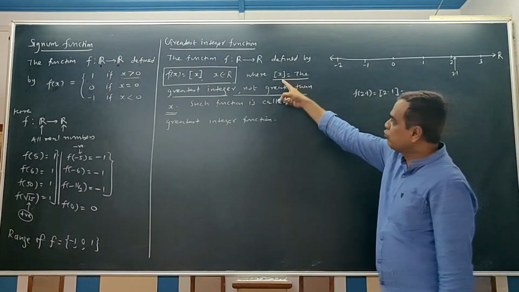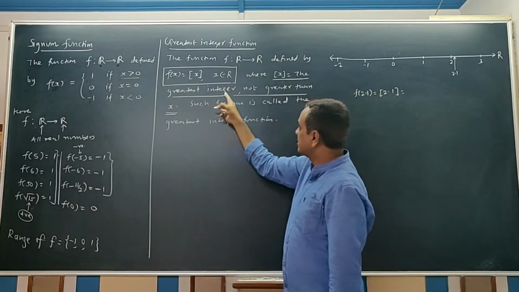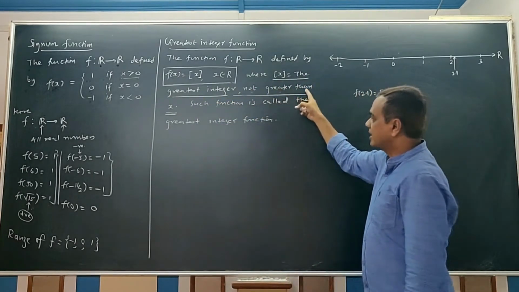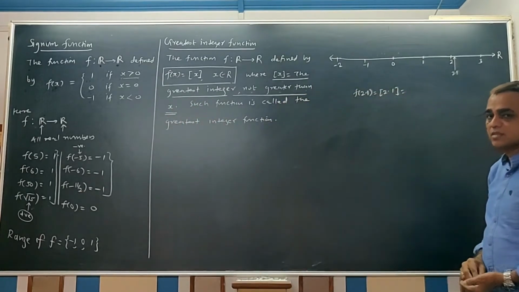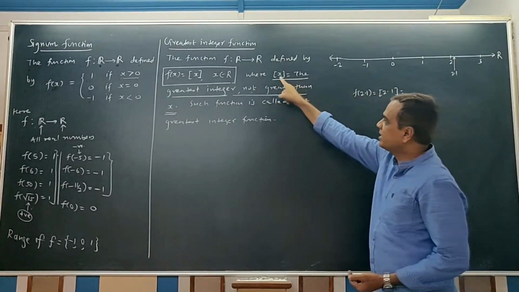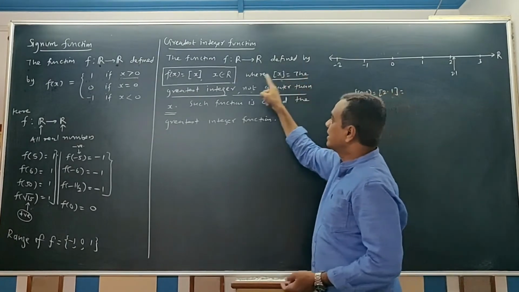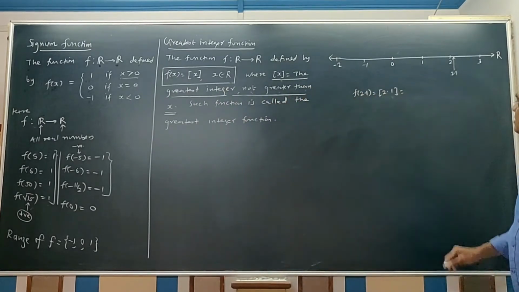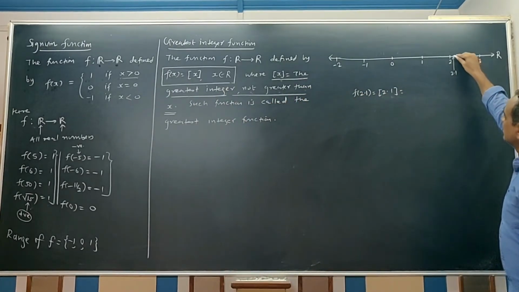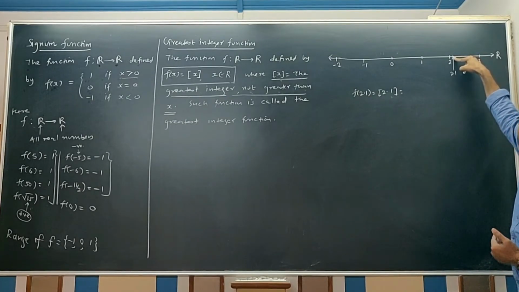Now box of 2.1 is the greatest integer not greater than 2.1. Read this meaning by putting here 2.1. Box of 2.1 is what? The greatest integer not greater than 2.1.